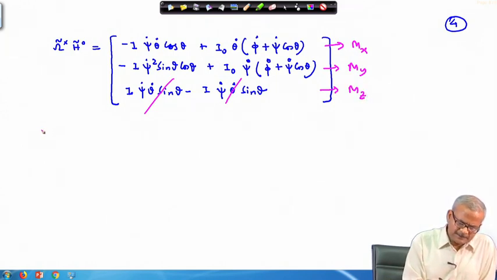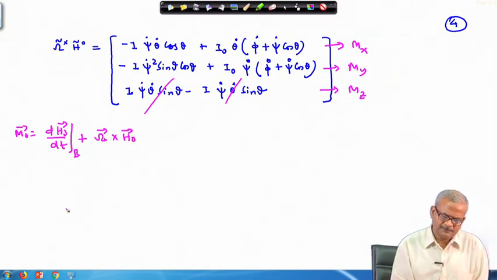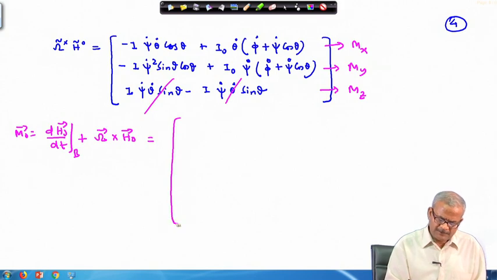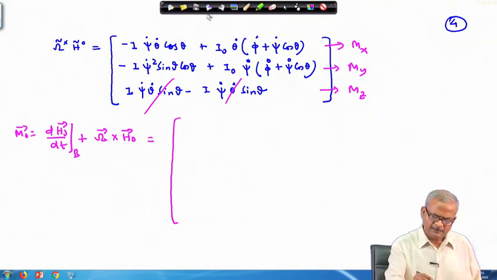So, finally, we can write our equation: m 0, which we have written as d h 0 by d t with respect to the body axis, plus capital omega cross h 0. Okay. So, from the previous page we can carry d h 0 by d t and put it in this place. Okay.